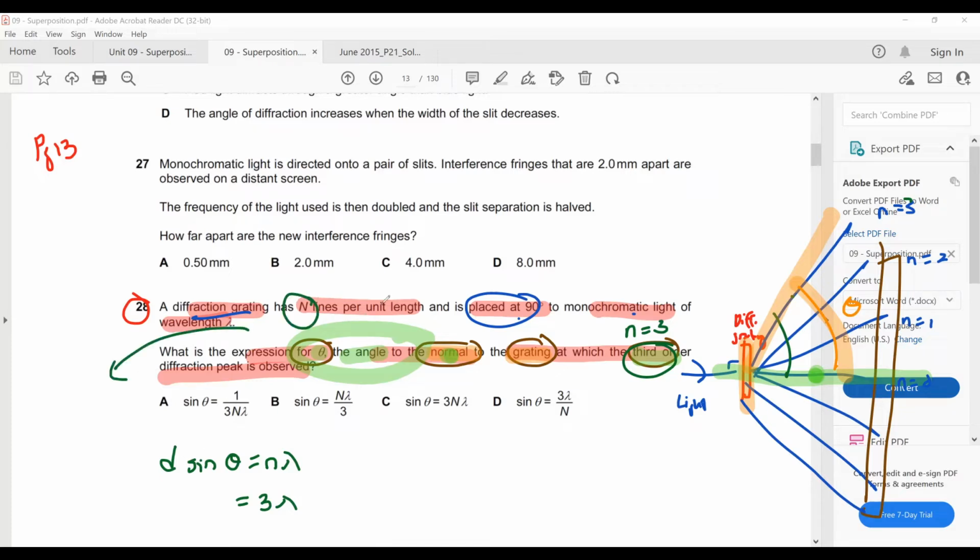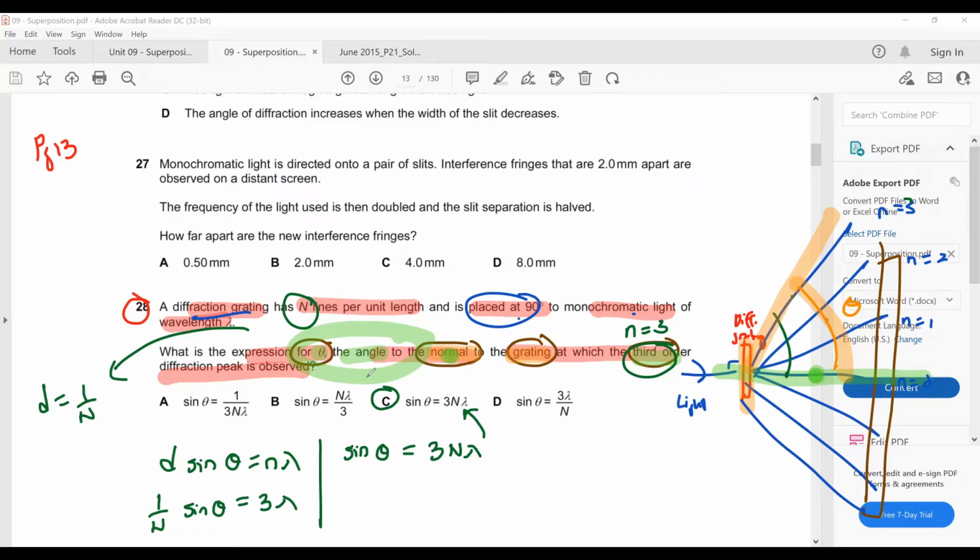The relation between d and n was that d is 1 over n. So this one is 1 over n sine theta. So eventually you will get this answer. Sine theta is 3 n lambda. Answer is C. Okay. So that one is okay.